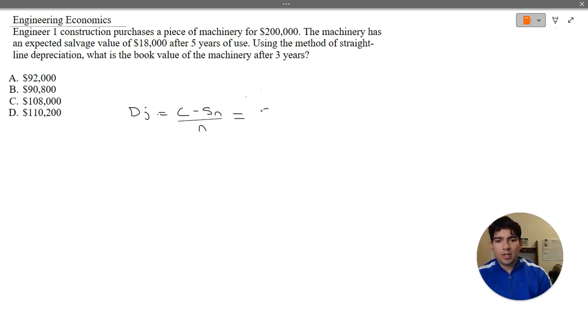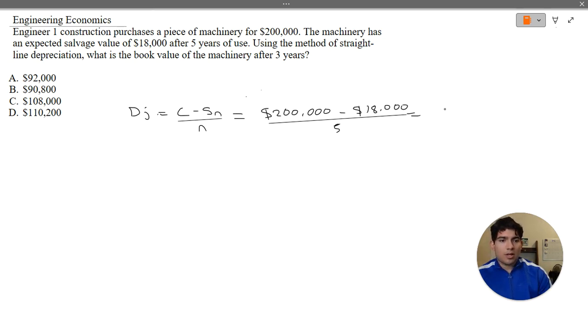So in this case, it's going to be $200,000 for the initial cost minus the expected salvage value after 5 years, which is $18,000, and then n is just going to be 5 years, because it goes with what we were told in the problem.